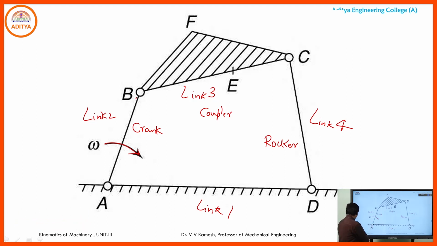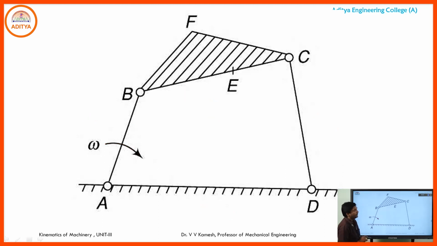Now we need to identify the velocity of different points on the 4-bar mechanism. In the initial case only A, B, C, D, these 4 points are considered.